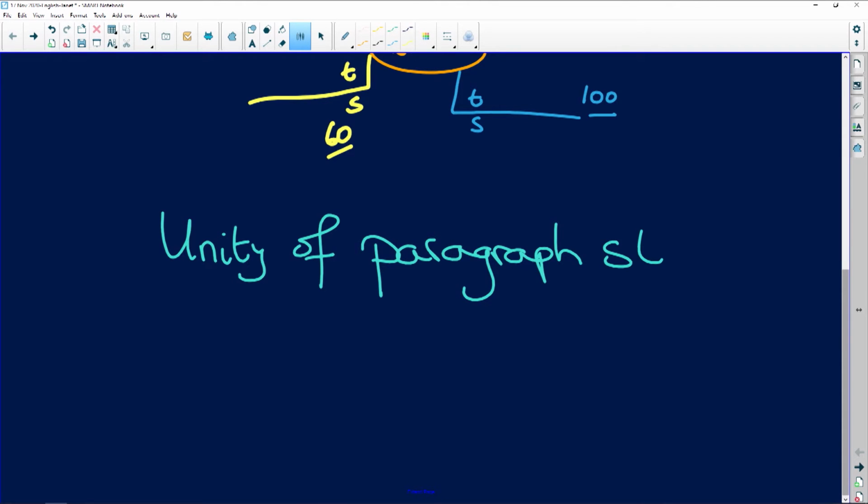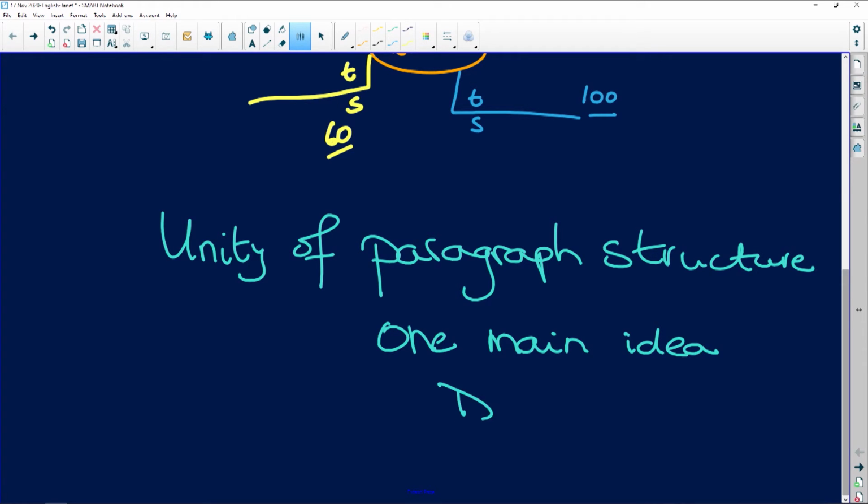What does that mean? It means you have one main idea in each paragraph, which you develop in some way. So more than 100 words, you're going to start struggling to keep the structure and the focus.